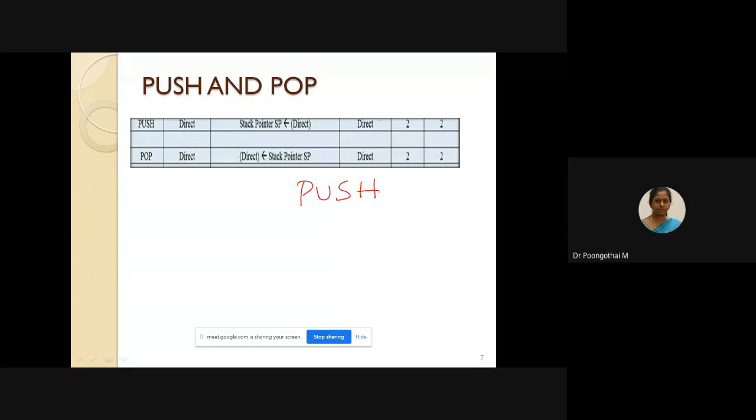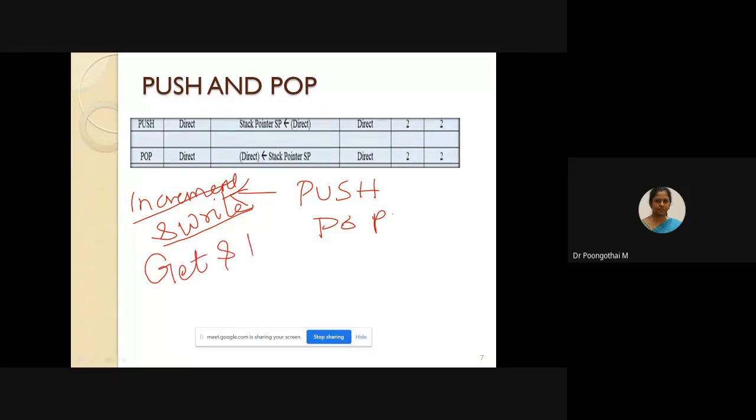So two operations: push and pop. The main operation involved in push is increment and write. First, it will increment the stack pointer. After that, the data is written into the corresponding memory location. So the first step is increment, the second step is write. In the pop operation, get the data first and then decrement the pointer.